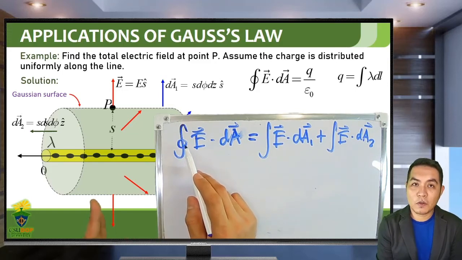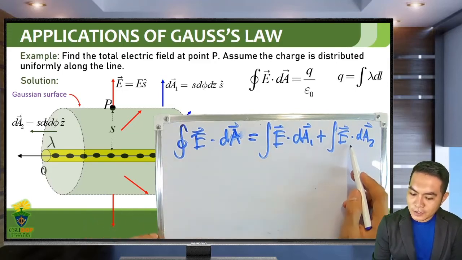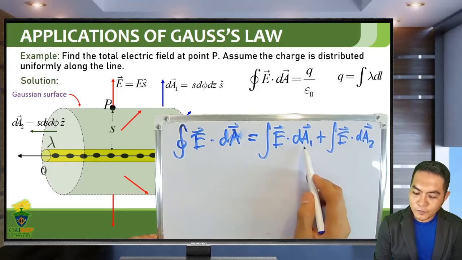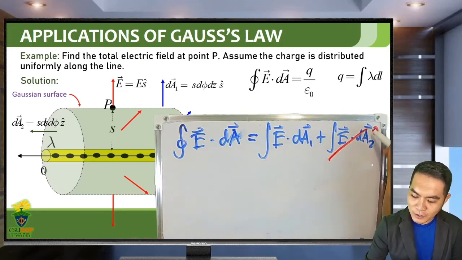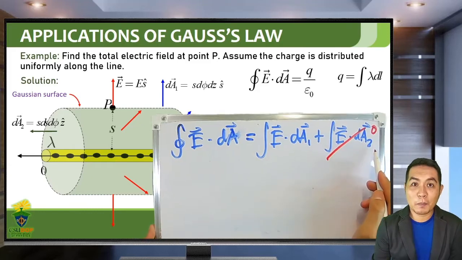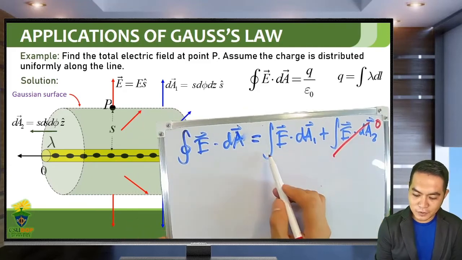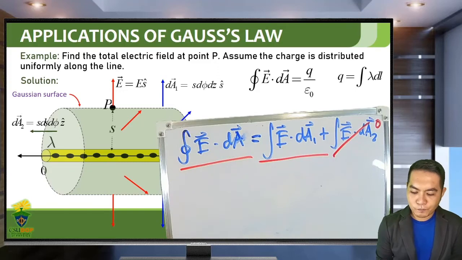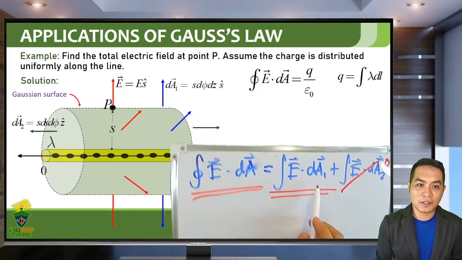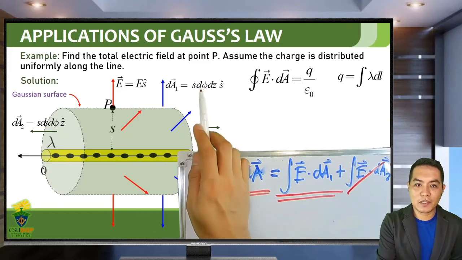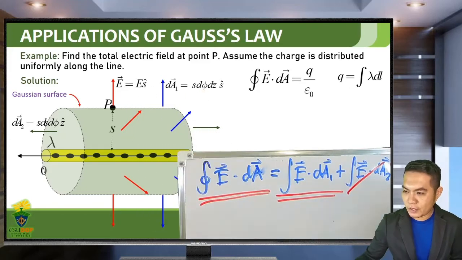You integrate over all surfaces. So this is the integral over surface 2, and this is over surface 1, the body of the cylinder. But this is 0 because E and dA2 are perpendicular to each other. So therefore, your E dot dA will just be E dot dA1.